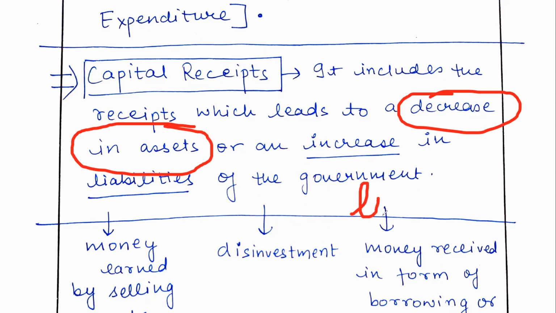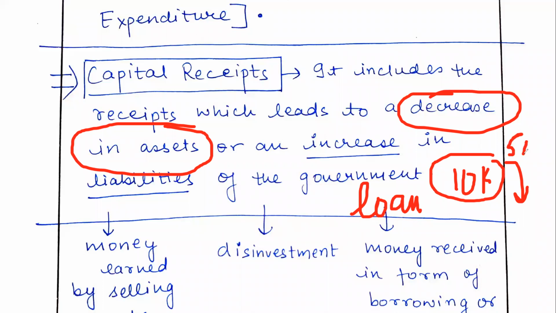Suppose you gave a loan of 10K to your friend, and you said to your friend that give me 5% per month interest.